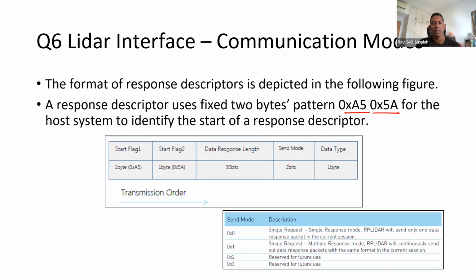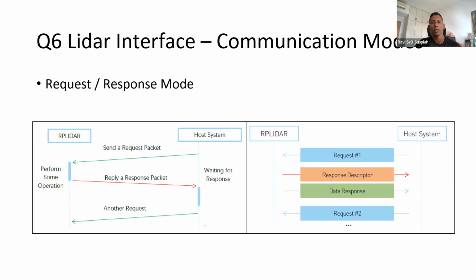After that, it sets aside 30 bits to tell me what the data response is like, that is, for this particular request, how much data I am expecting to receive. It also talks about the sending mode, whether it's single request with single response or single request with multiple response. These are the 2 ways in which it can work.